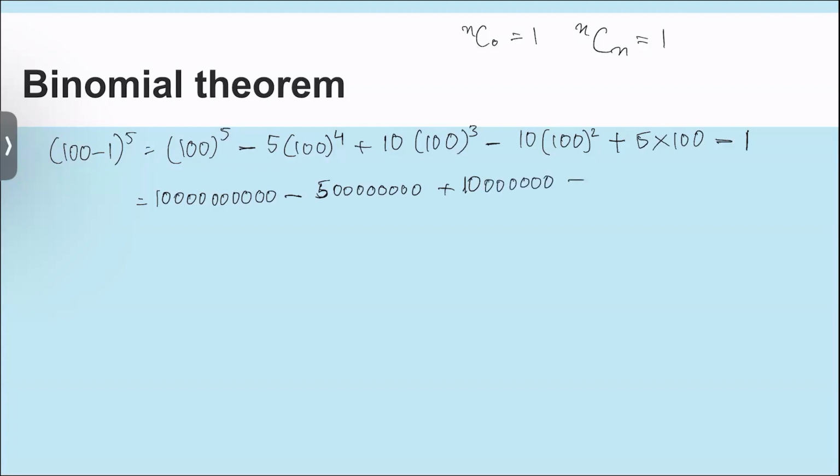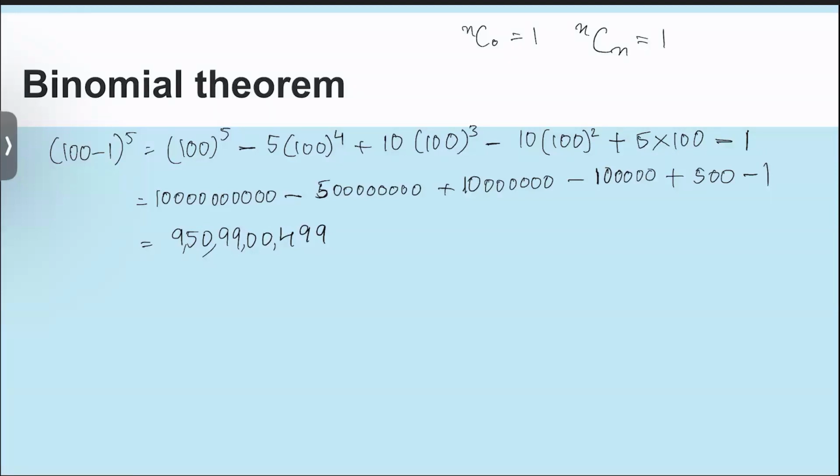Then you have 10 into 100 squared, so you write 10, and then you square your 100 and write the zeros. Okay, and then you have plus 500 minus 1. So if you calculate this, either manually or via calculator, the final answer that you get is 950990499.